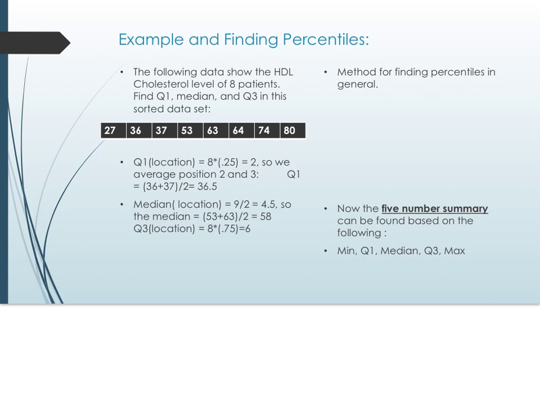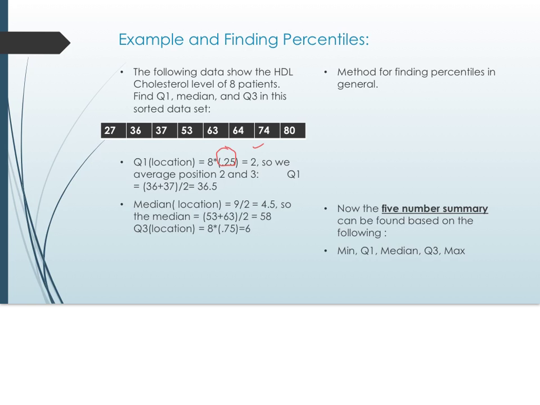So here's an example of finding percentiles. We're going to use the method that we had shown before. The following data shows the HDL cholesterol level of 8 patients. Find Q1, the median, and Q3 in this sorted data set. For Q1, since 8 is the number of patients, that's our sample size, we multiply it by 0.25, that's 25%, and we get 2, so we get a whole number.